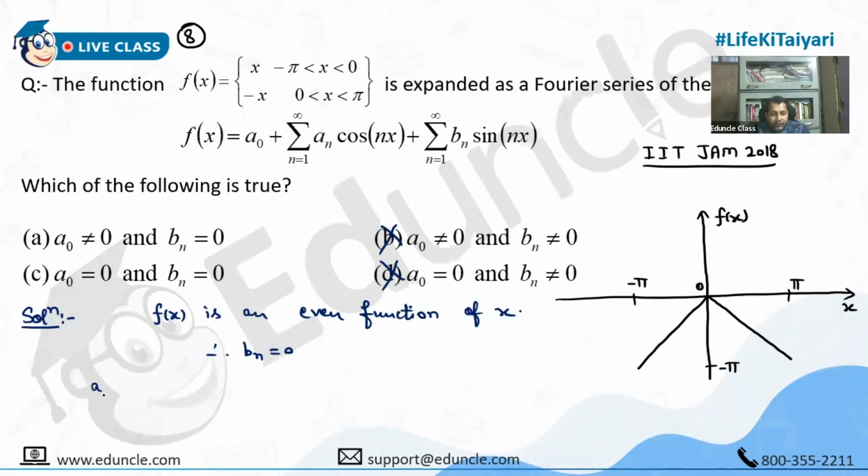Okay, so we can check for A naught. Okay, so L is equal to pi. And be careful. Here the formula is A naught, not A naught by 2. So now in the formula for A naught, you need to write 2 pi instead of pi.